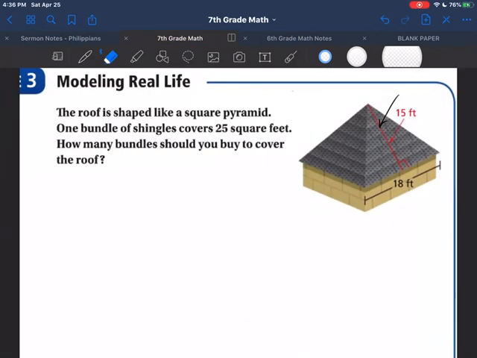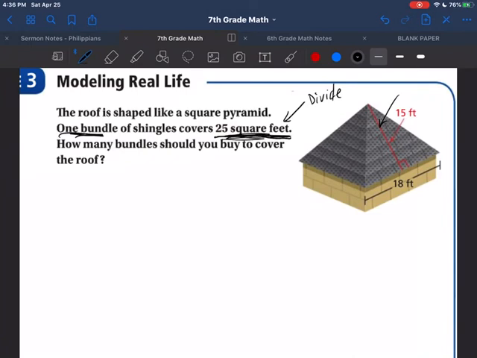Okay, so we've got this square pyramid. One bundle of shingles covers 25 square feet. Hopefully you're thinking what I'm thinking. I'm going to use this 25 square feet eventually to divide, right? Because one bundle is this much.